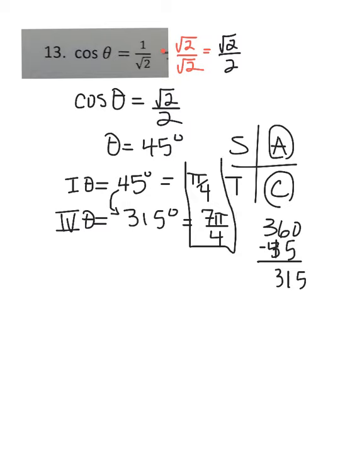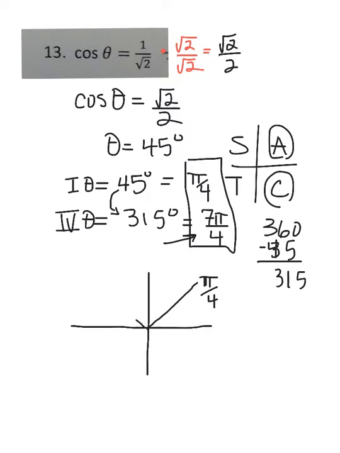Now, another way that you can find that this is 7 pi over 4, and I know Miss Denise taught this, is in the first quadrant we have 45 degrees, right? And that would be pi over 4.